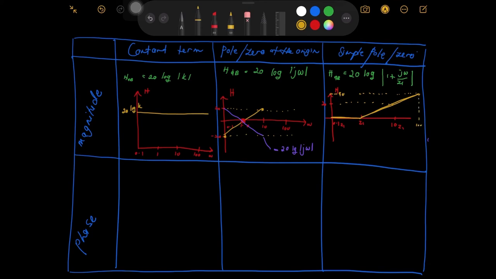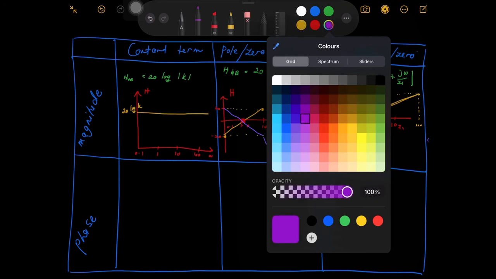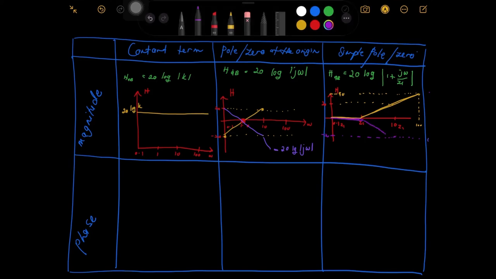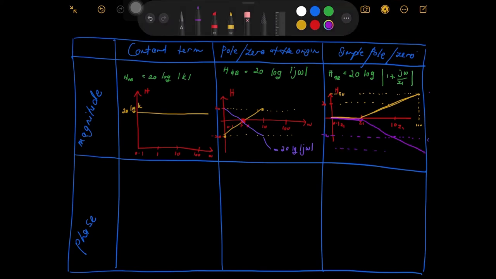One more thing to remember is that the increment is 20 decibels. Here, at 0.1 Z1 it starts from 0 decibels, and then at 10 Z1 it will be at 20 decibels, and the line will go straight. If you have 100 Z1, it will be at 40 decibels. If you have 1000 Z1, it will be at 60 decibels, and so on.